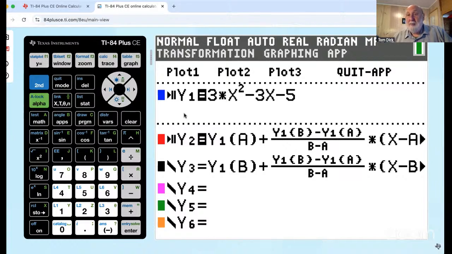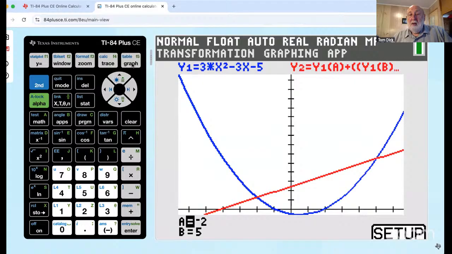So for example, if I were to graph this, notice that my A is currently -2, my B is 5. If I hit the right arrow key, notice that the equals on A is highlighted. A is active. If I hit the right arrow key, it will increment A to -1, and the secant line changes.